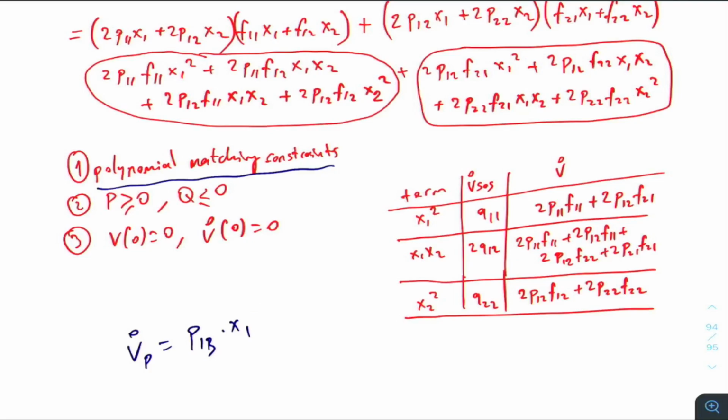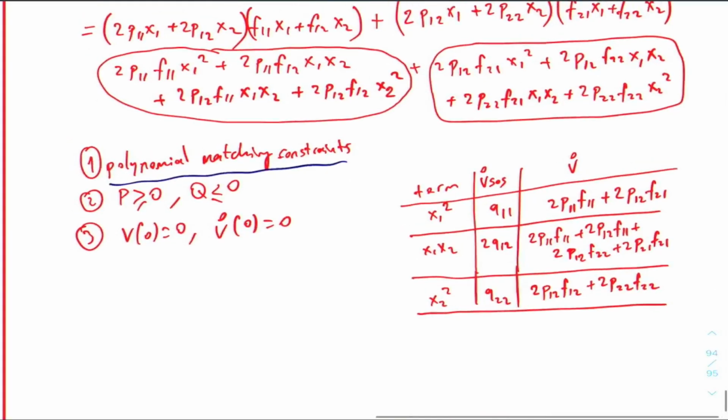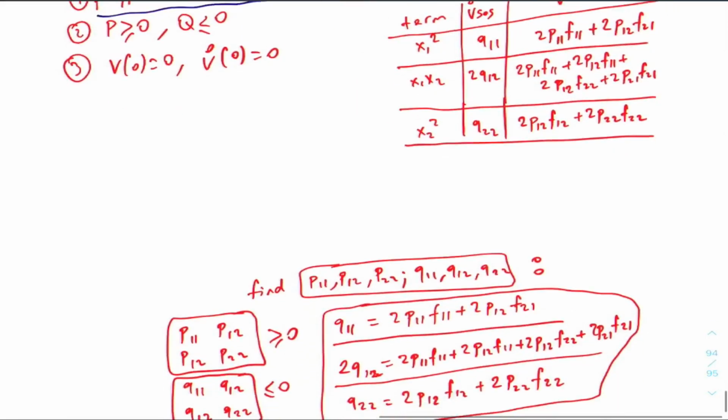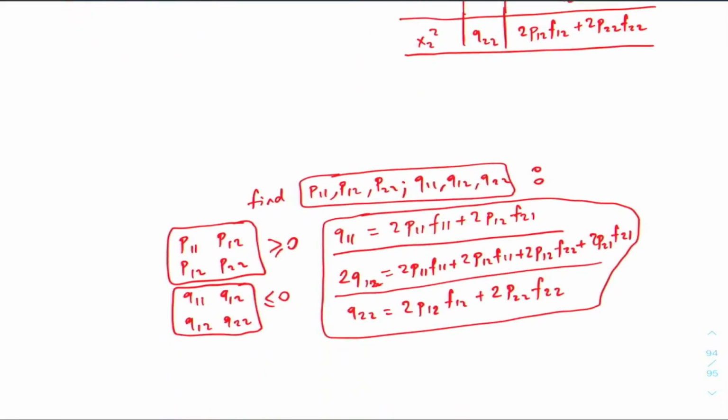So V dot might have some constants, is what I'm saying. Okay, and I'm looking at this right now. 3 constraints, and I just wrote all of them explicitly.